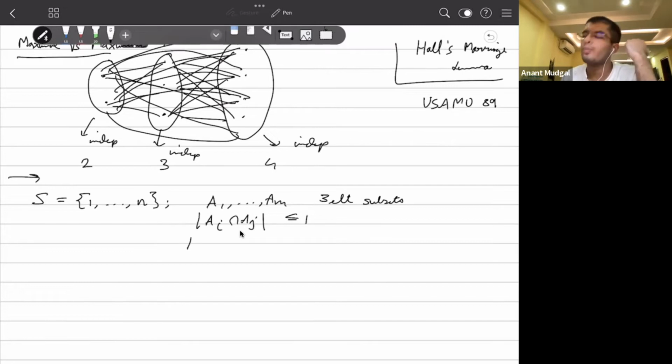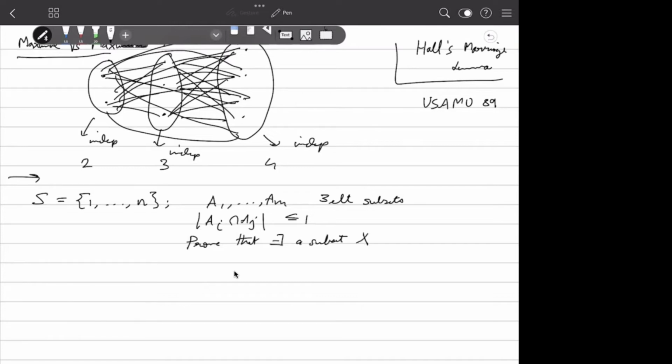And you know that, what's the other condition? No, I think these are all the conditions. So prove that there exists a subset.